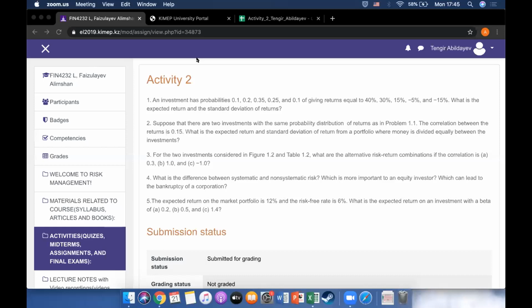Can you see now? Yes, we can see it very well. So this is the first question activity.